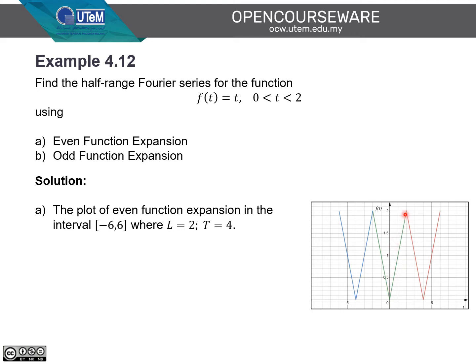So this is the straight line of f(t) equals t from 0 to 2. And to expand the function into an even function, we have to make sure that the expansion is symmetric about the y-axis. The next step is to expand the plot between the interval t from -6 to 6.